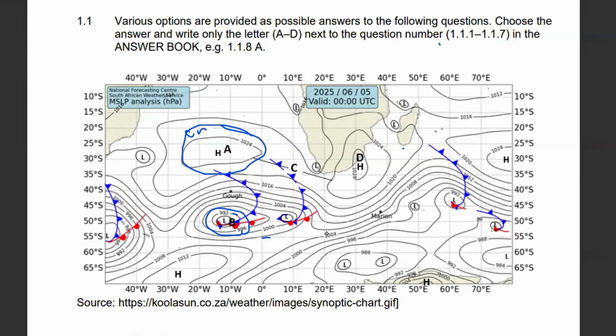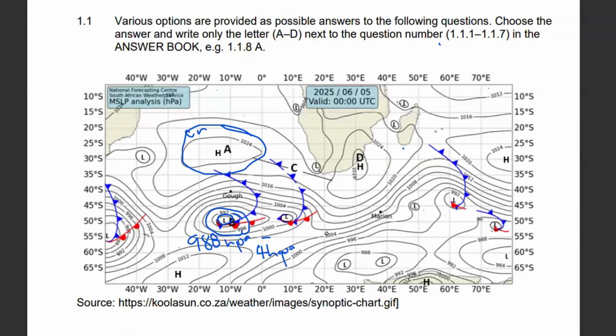This 992 is the outer one. There is another one inside, which is reaching B. So using our interval of 4 hectopascals, we are going towards the center of the low pressure. It means we must subtract the interval to get the value of this one. So it's 992, we less 4 and we get 988 HPA.